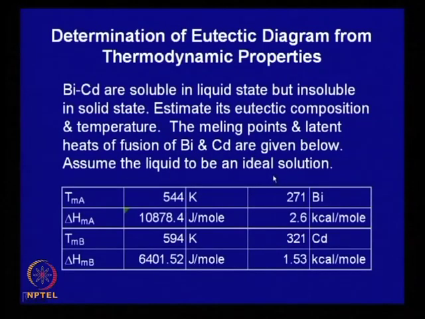Assume the liquid to be an ideal solution, and since pure bismuth and pure cadmium are precipitating out, we can assume that their activity will be equal to 1, and these are given over here. The melting point of bismuth is 271 degree centigrade, and its latent heat of fusion is 2.6 kilocalorie per mole.